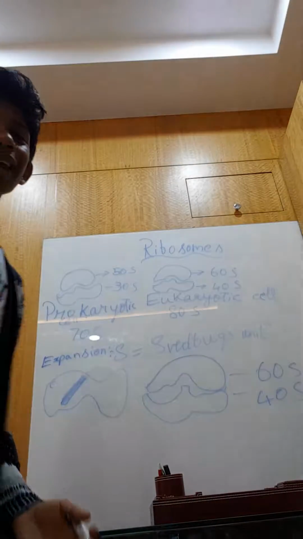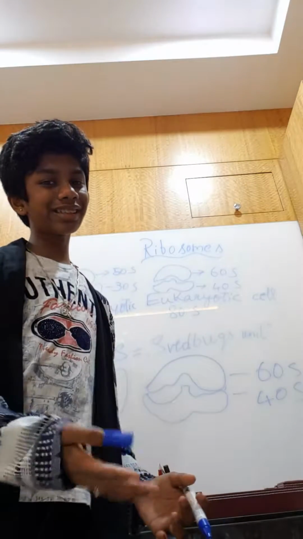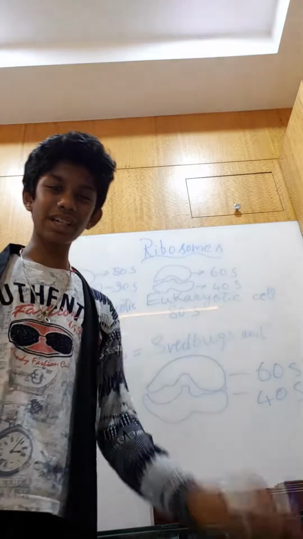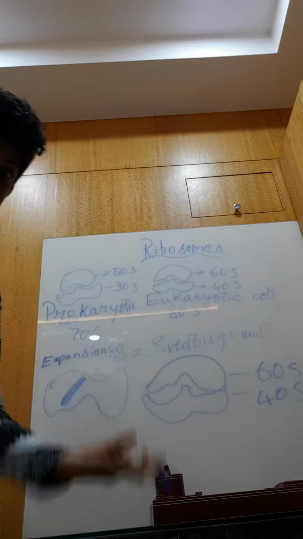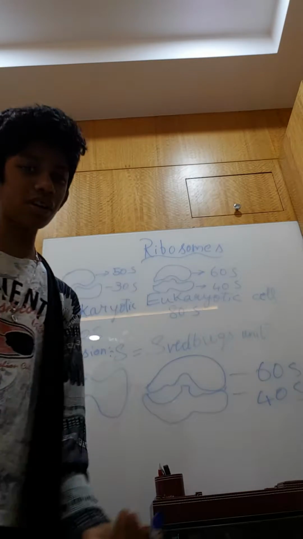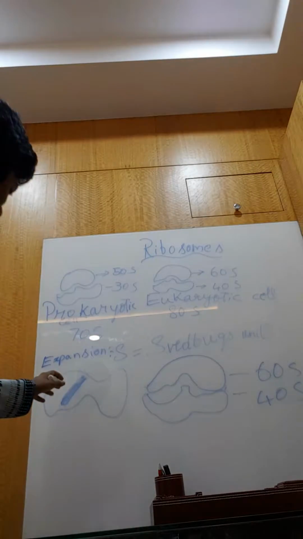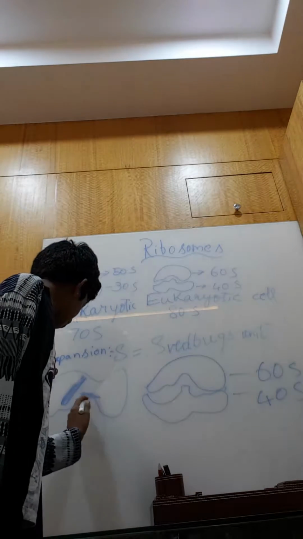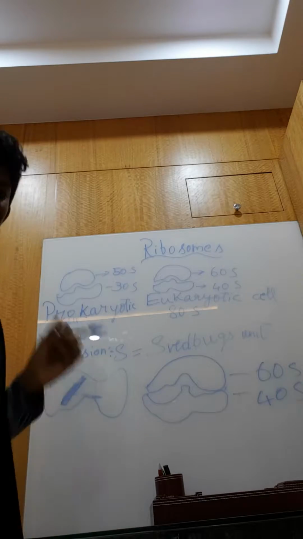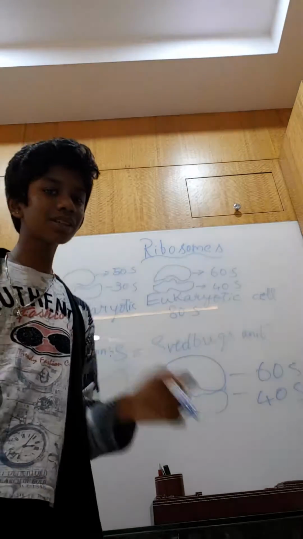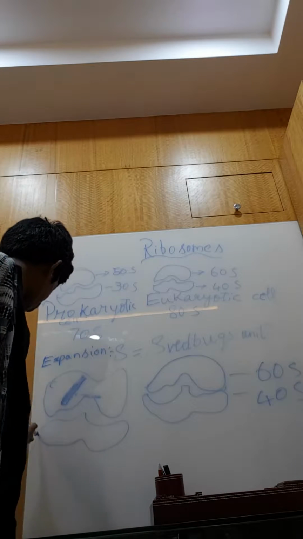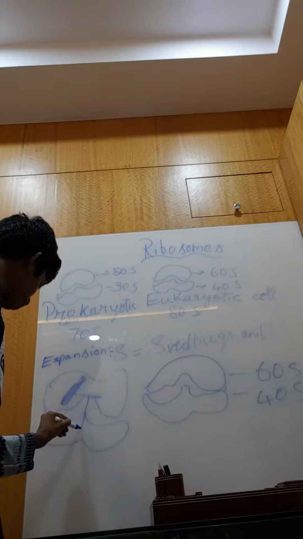Science is a mixture of biology, physics, chemistry, and maths too. So this makes a vortex. This vortex makes it simpler to form sediments here. These sediments go to the smaller part of the ribosome.